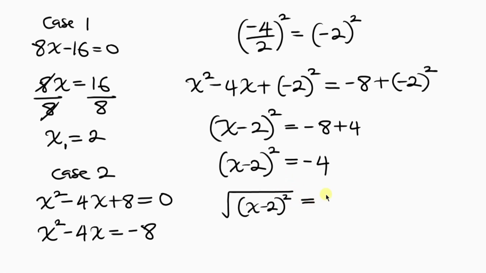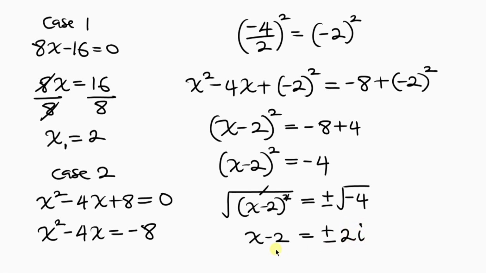Now to take the square root of the right, I write plus or minus the square root of negative 4. Now notice that this square root cancels out the square, leaving behind x minus 2 to be equal to plus or minus. Now the square root of negative 4 is actually 2i.